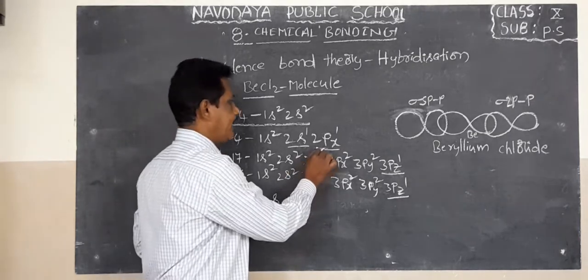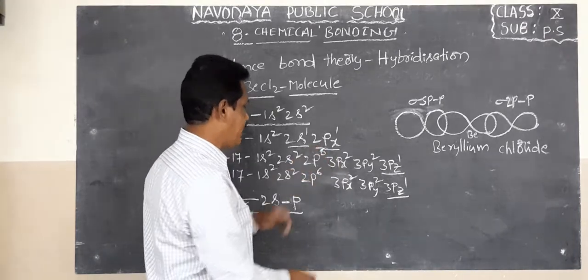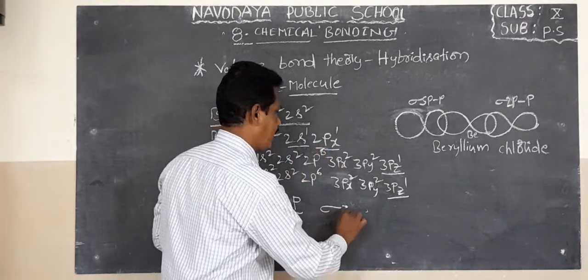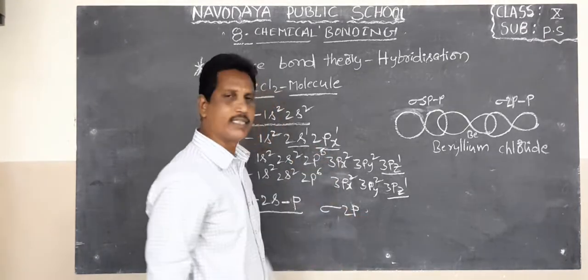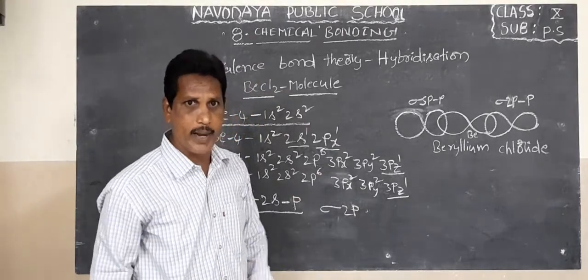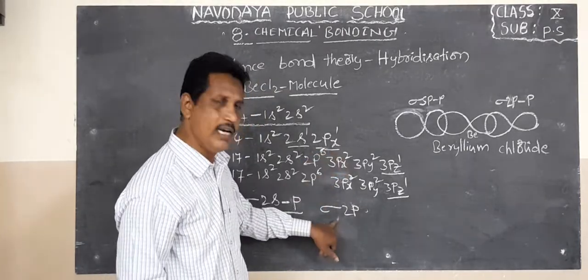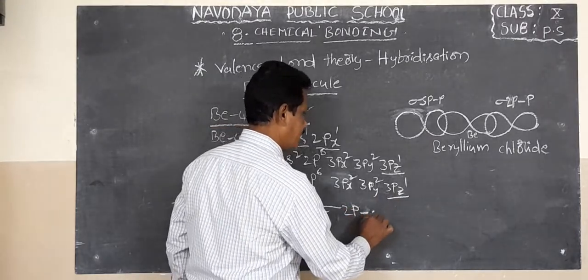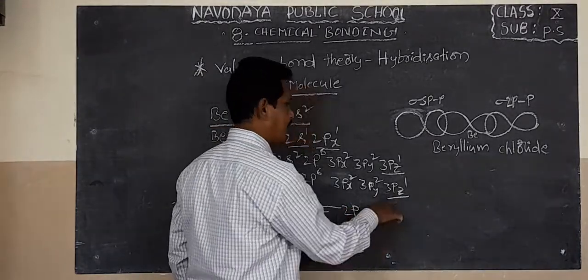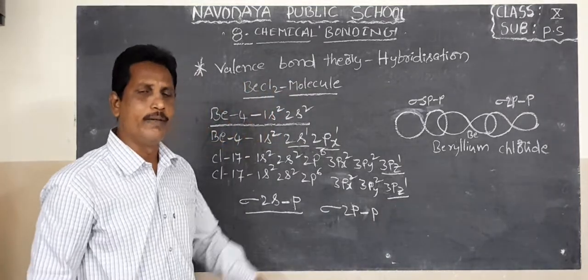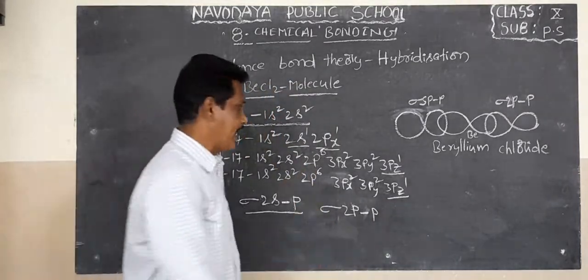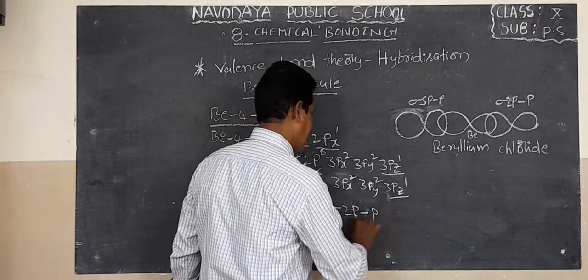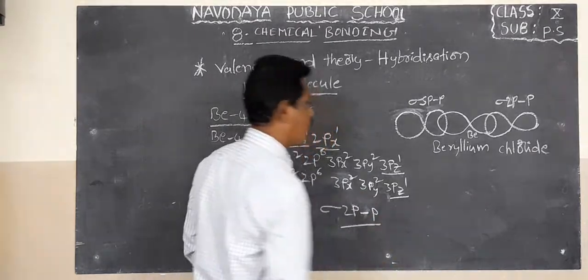Again, the 2px orbital of the beryllium atom overlaps with the 3pz orbital of the second chlorine atom. This is another covalent bond.